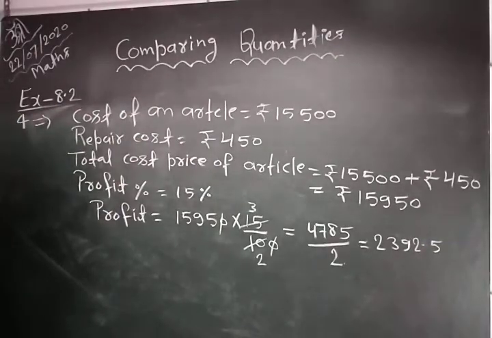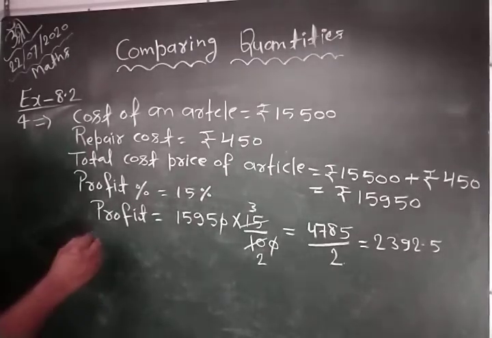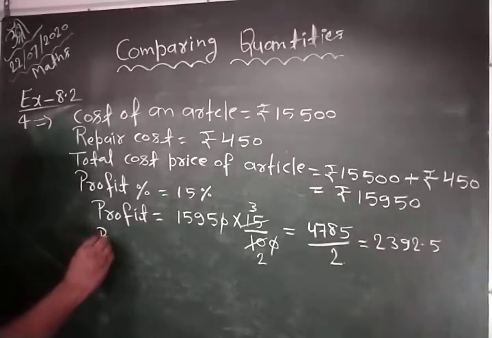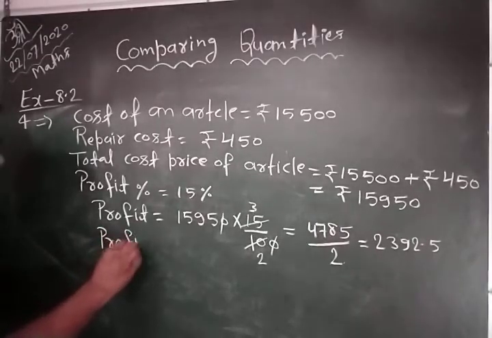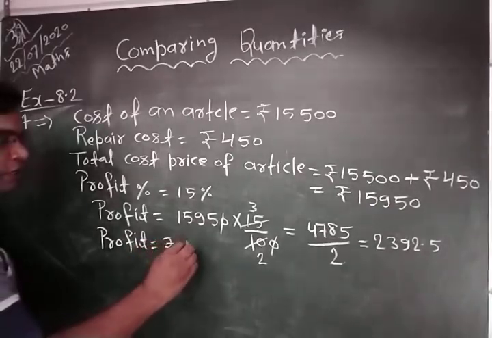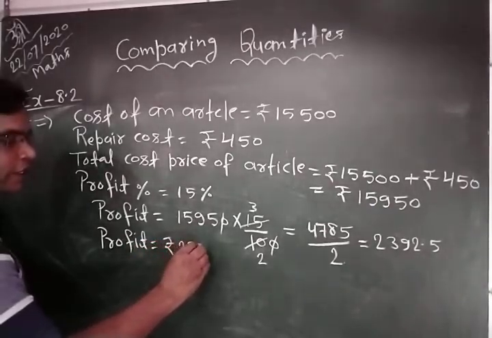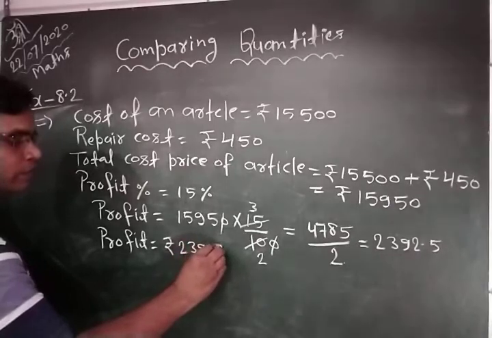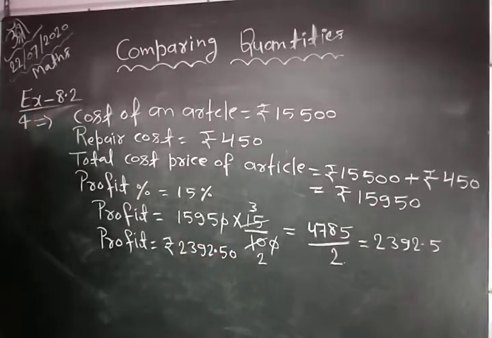Profit is equal to 2,392.50. Okay, so in this way we find the profit is equal to rupees 2,392.50. Clear?